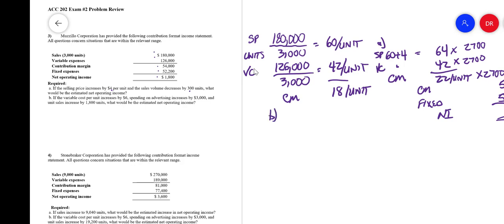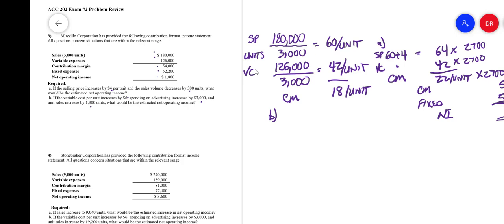And then letter B, we're going to take a look at this scenario, and it says if the variable cost per unit increases by 6, spending on advertising increases by 3, and unit sales increase by 1,800 units, what will be the estimated net operating income? So in this scenario, we are going to assume all of the things that were here except for what they tell us to change.